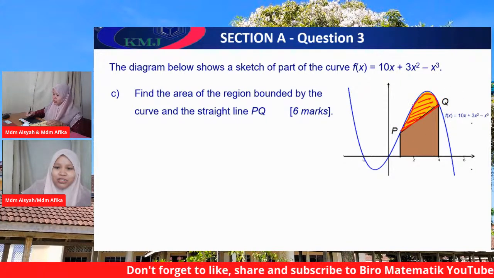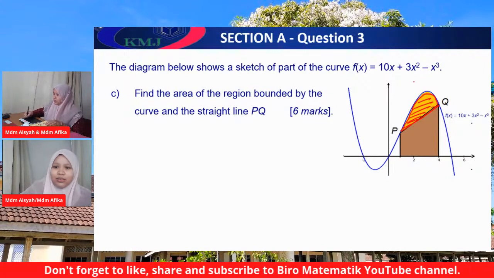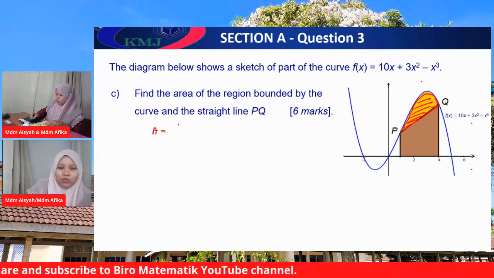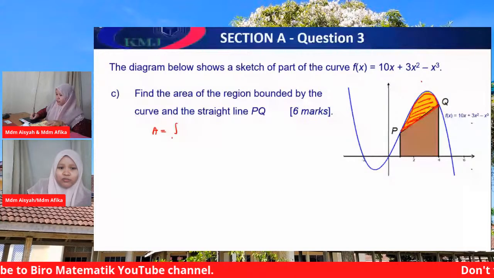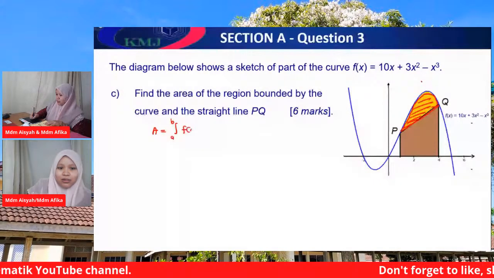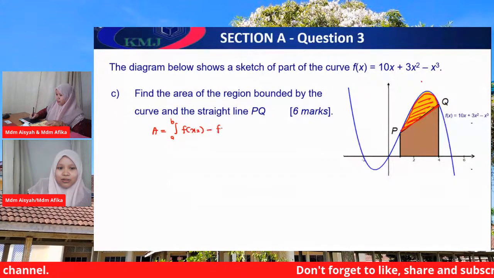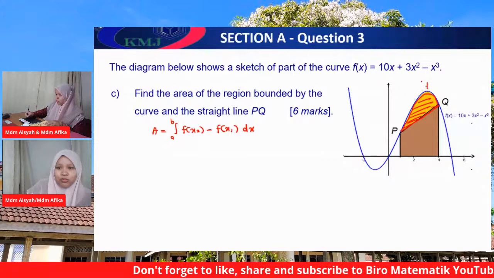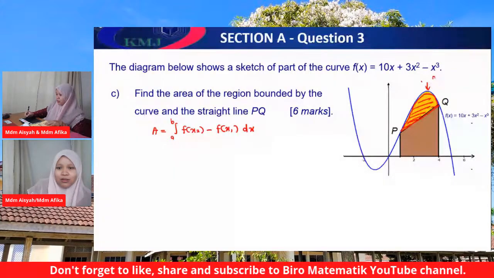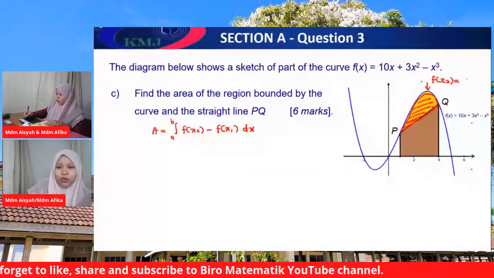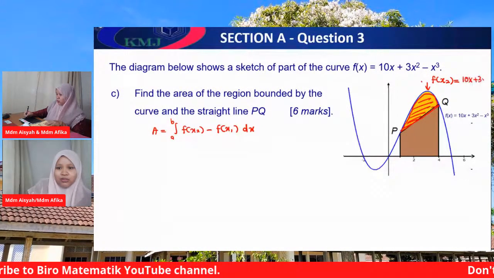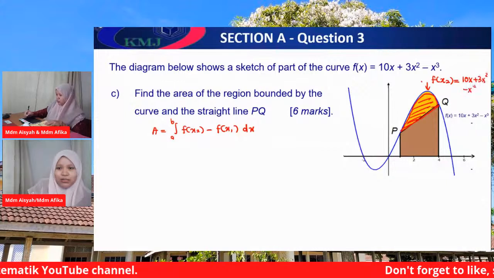So this is the region bounded by two curves, right? When you have a region bounded by two curves, then you will use the formula. f(x) upper should be your cubic function, 10x plus 3x squared minus x cubed.